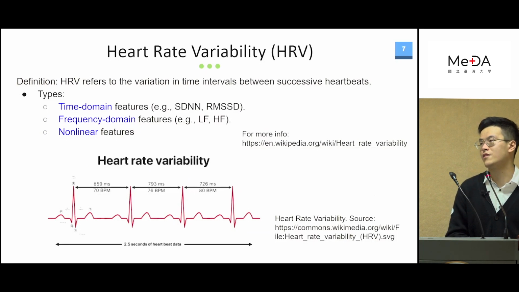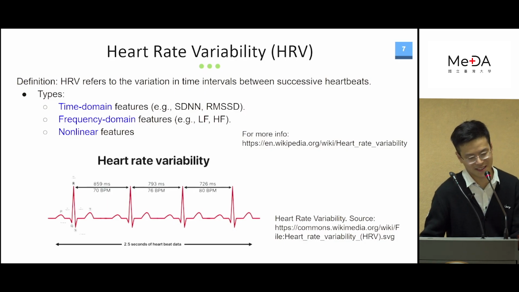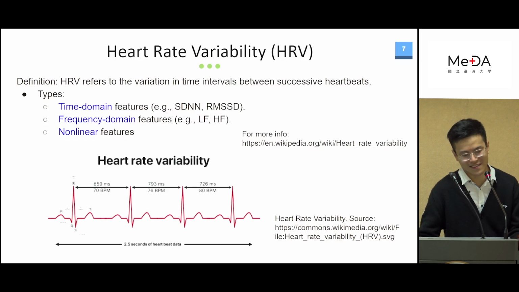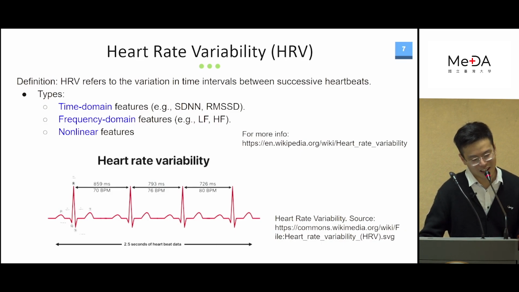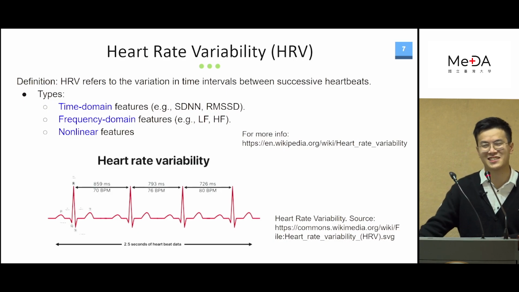We're not going to use this today, but this is just for reference. These are called heart rate variability, or HRV, features. So what is heart rate variability? As we just said, if it's an AF signal, then the heart rate is going to be irregular.